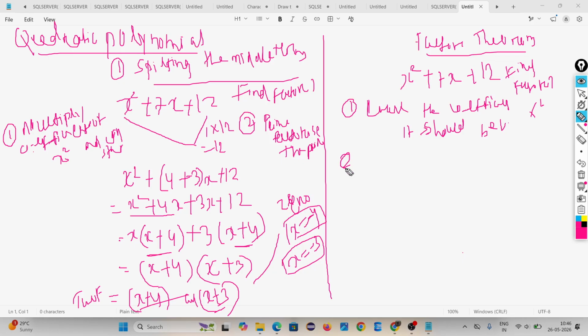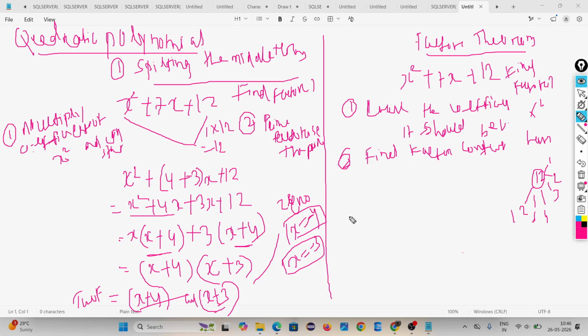Then find the factors of the constant term. Not prime factors, only factors. Look, 12. How many factors does 12 have? 1, 2, 3, 4, 6, 12.